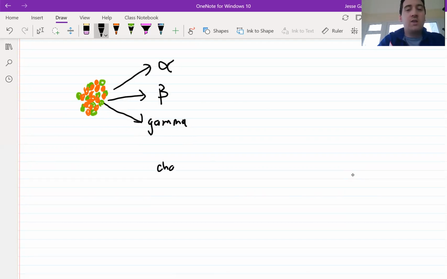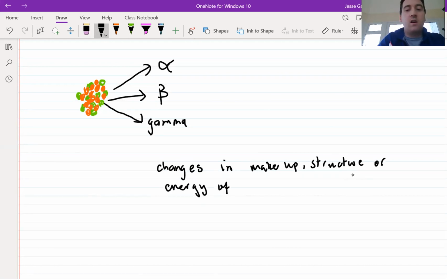changes. They all involve changes in the makeup, structure, or energy of an atomic nucleus, an atom's nucleus, in other words.